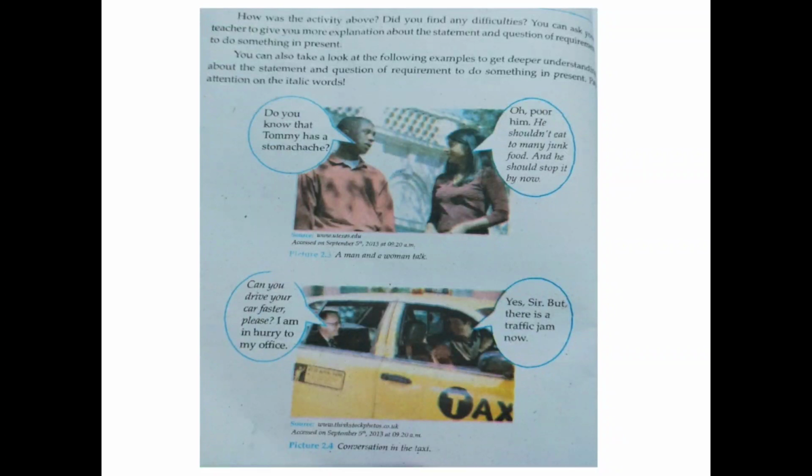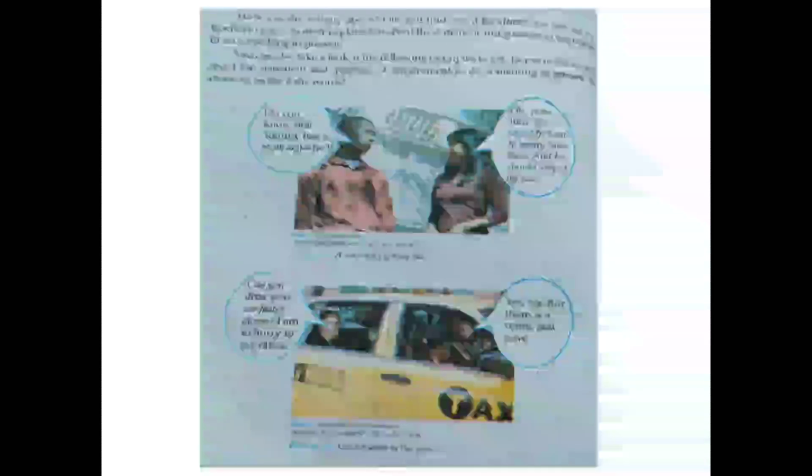That shows that it's in present. For the second picture, I'm in a hurry to get to my office, and the man really wants the driver to drive the car faster.